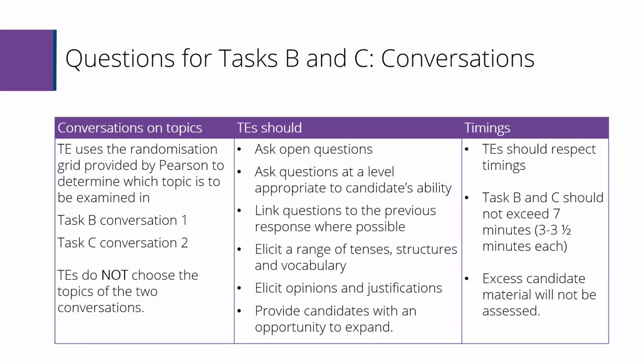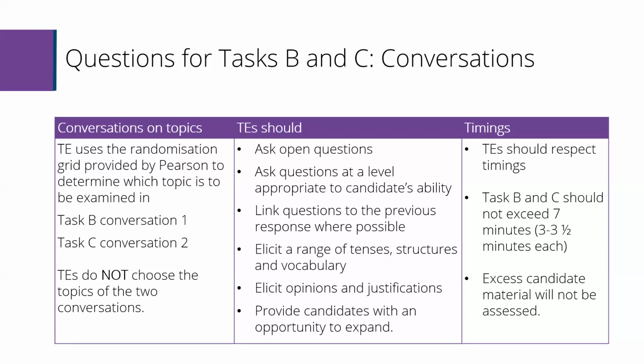So the examiner who's marking will just listen and mark based on what they hear. But you should target your questions to demonstrate the ceiling of that candidate's ability. So if you've got a really able candidate, you might ask a shorter number of questions, you might develop them more, you might ask some questions in greater depth, and that encourages them to use a greater range of structures and vocabulary.